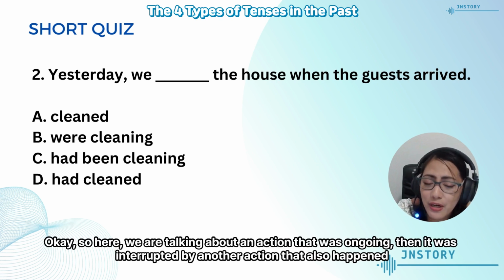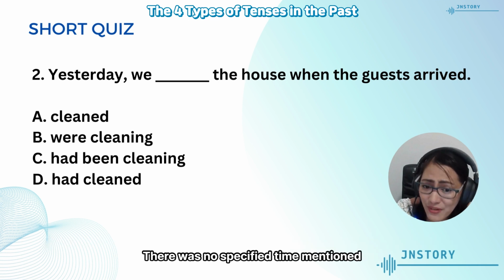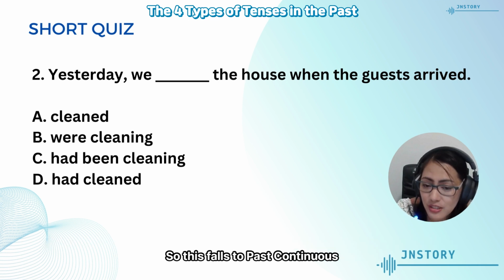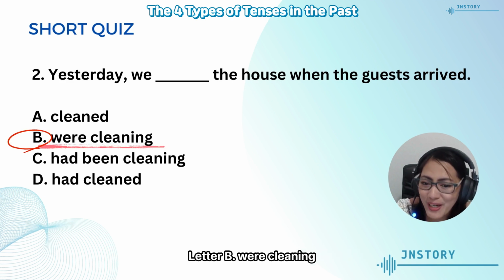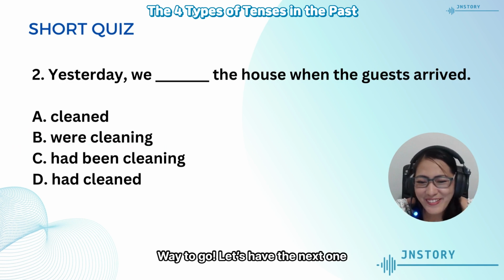Okay, so here we are talking about an action that was ongoing, then it was interrupted by another action that also happened. There was no specified time mentioned, so this falls to past continuous. And the form for the past continuous is letter B, were cleaning. Way to go! Let's have the next one.